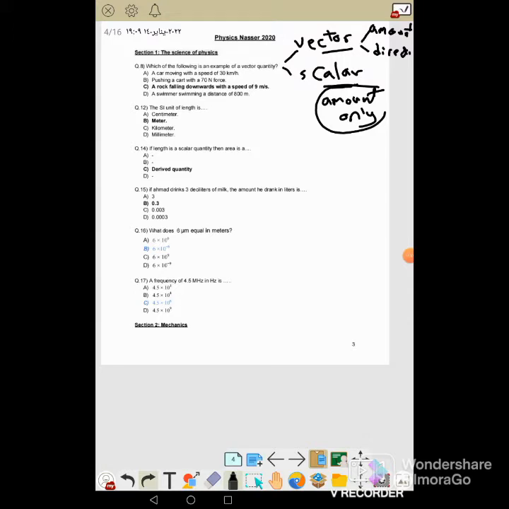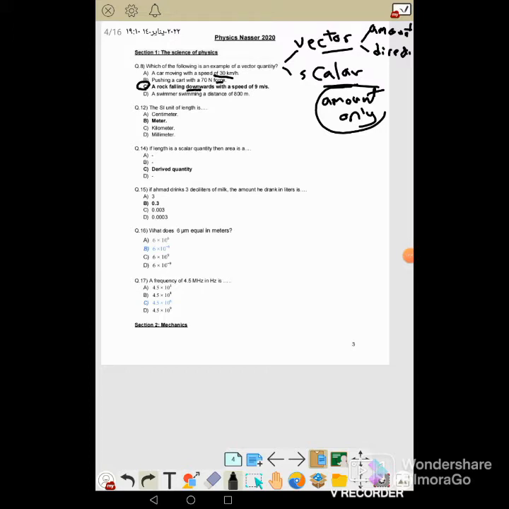The only sentence which contains the direction is number C, downward. But speed or velocity is considered a vector quantity. B. Force is a vector quantity, but the only sentence which contains the direction is number C.